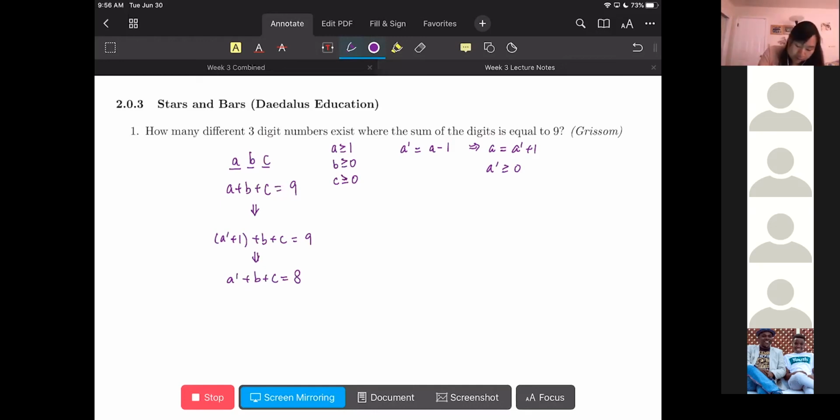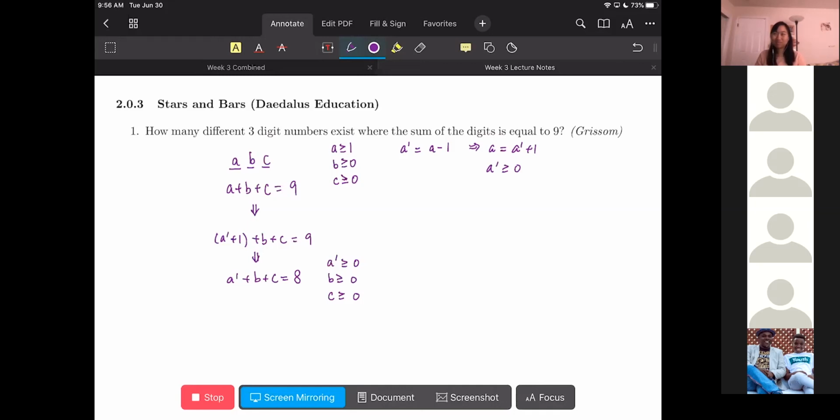And now we've transformed this into an equation we know how to count the number of solutions to, because A prime, B, and C are all greater than or equal to 0, and they're all non-negative integers. So how do we count the number of solutions to this?